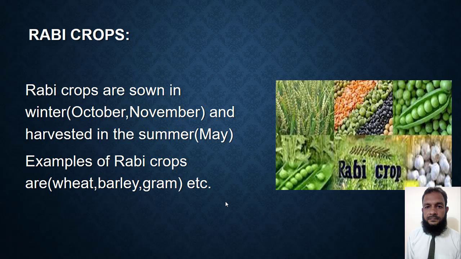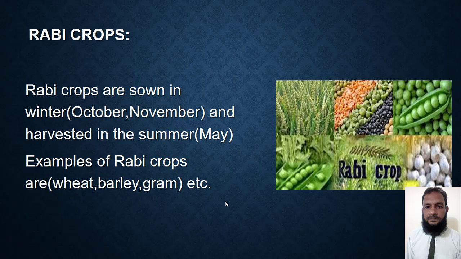Due to favorable condition and climate, Pakistan has the ability to grow different seasonal crops and fruits. On the basis of season, crops are divided into two categories. First one is Rabi crops and second is Kharif crops.